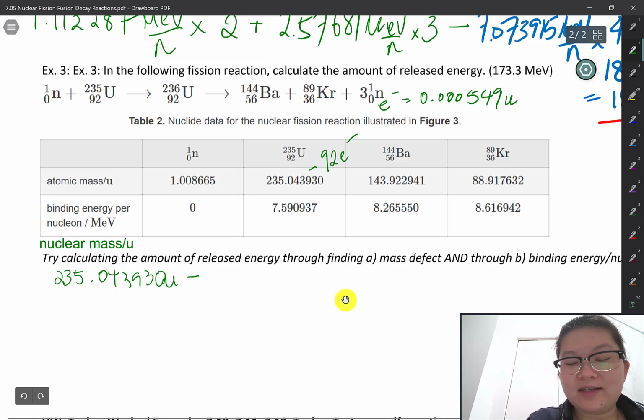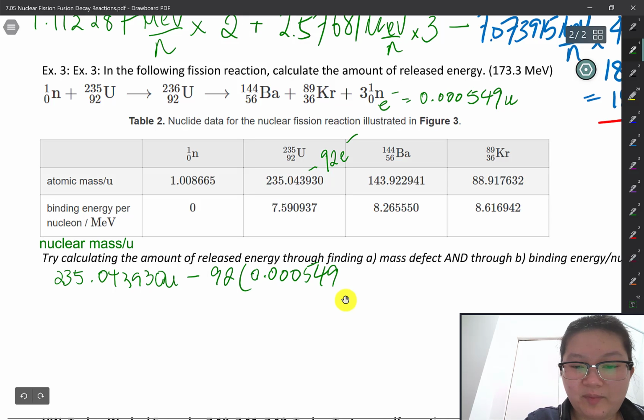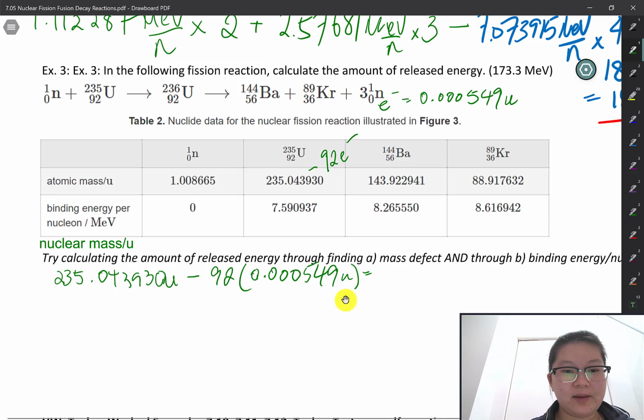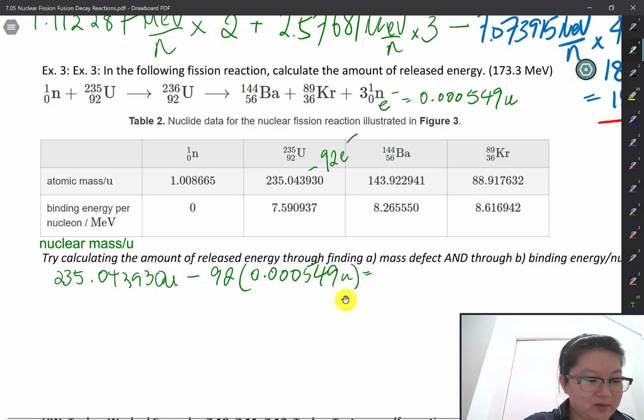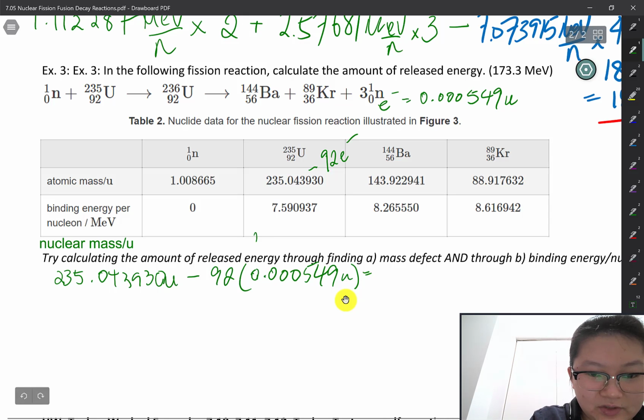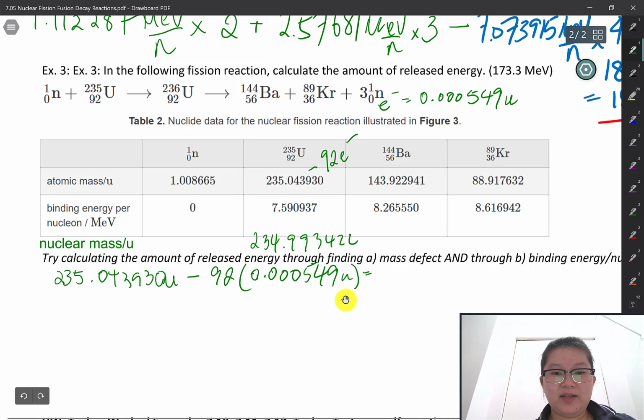I'm going to subtract the electron mass, 92 of them, assuming a neutral atom, to get rid of the electron mass from this number. And for this one, I get 234.993422. Okay, a little bit smaller, but not that much smaller.